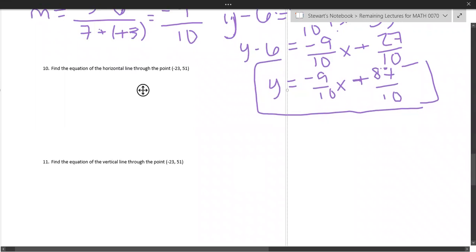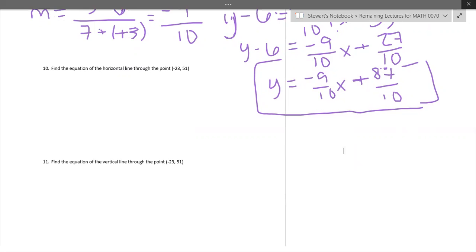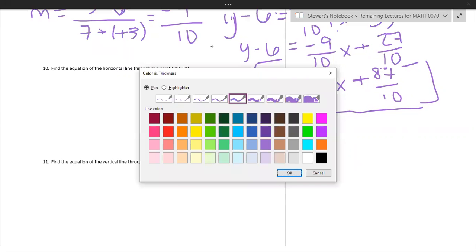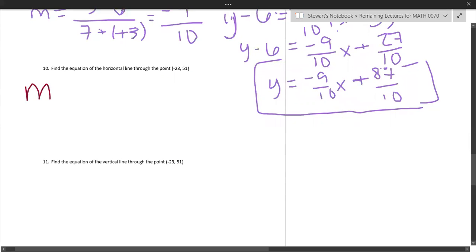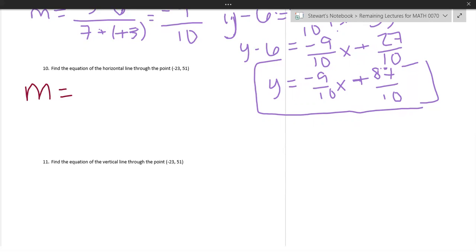Okay, so now for finding the equation of a horizontal line, one thing to note about the slope of a horizontal line is that it's 0, because if you think about it, if a line's horizontal, you're not going to do any rising or falling. It stays at the same y value all the time.